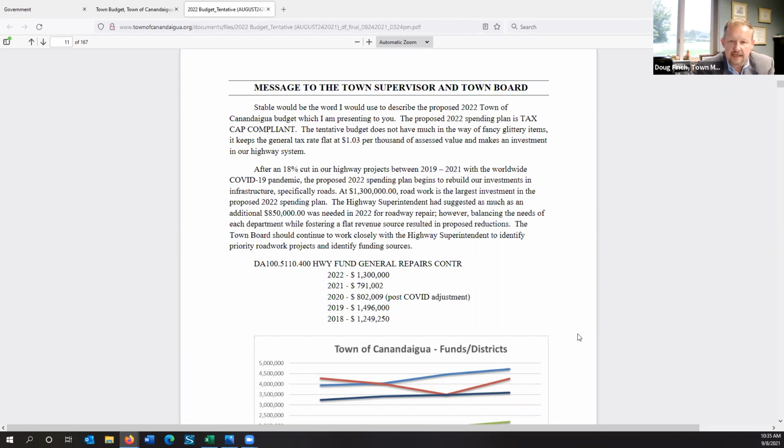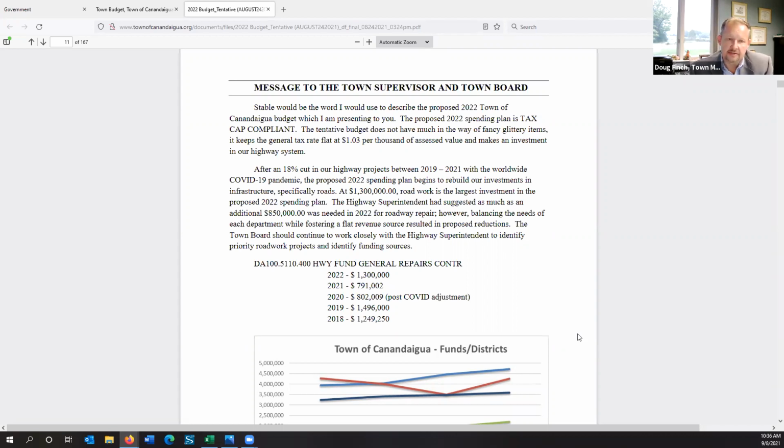That results in a tax cap compliant budget. I get asked quite a few questions about the tax cap compliant piece, which relates to all 28 of those special districts as well as the general and highway fund. That overall tax levy is how that tax rate is determined.